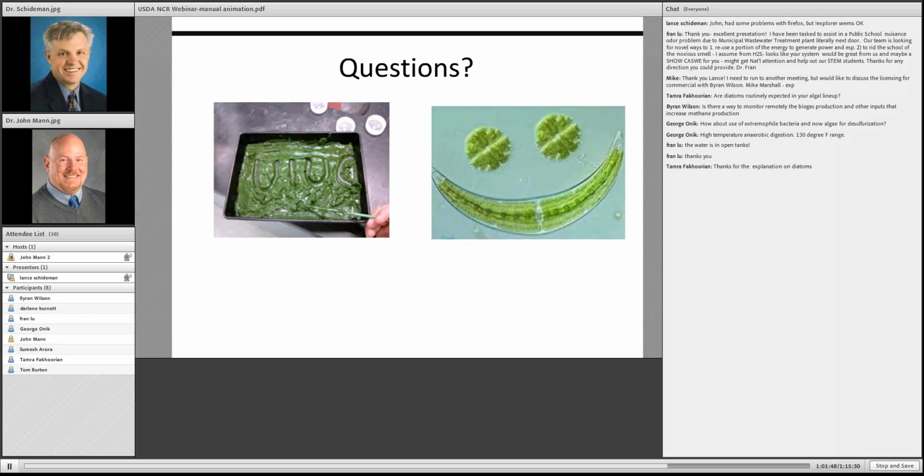Okay, so the next question is, is there a way to monitor remotely the biogas production and other inputs that increase the methane production? Yes, there is. The Europeans have done more with setup of small-scale anaerobic digesters, and therefore have had a greater need for remote monitoring and control of the systems.